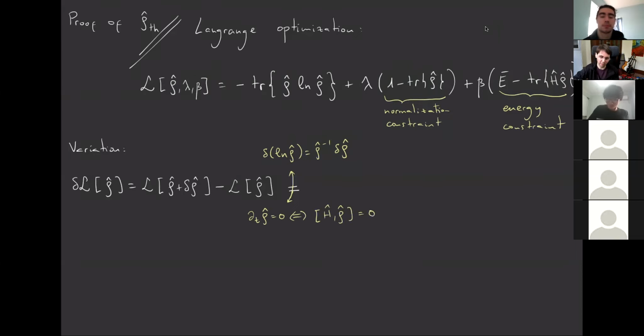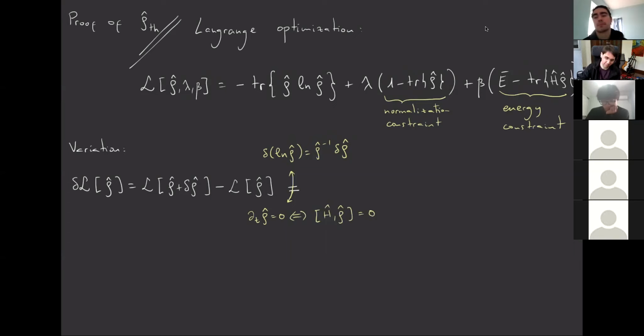And then this automatically means that the state is diagonal in the basis of the Hamiltonian, okay? And therefore, we know that the state that maximizes the entropy is diagonal in the basis of the Hamiltonian.